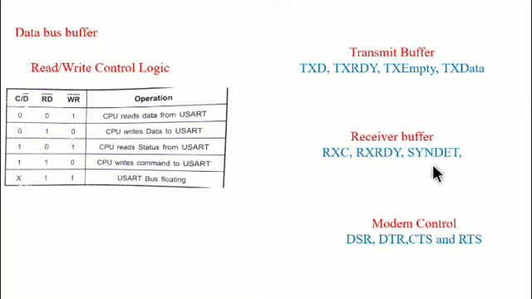Receiver ready is an output signal. It goes high when the USART has a character in the buffer register and is ready to transfer it to the CPU. The receiver clock controls the rate at which the character is to be received by the USART in the synchronous mode.